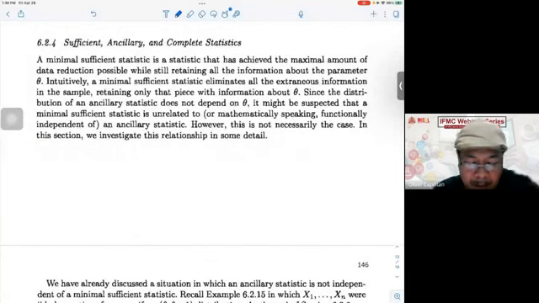So let me continue now on this subsection in which we have sufficient, ancillary and complete statistics. So a minimal sufficient statistic is a statistic that has achieved the maximal amount of data reduction possible while still retaining all the information about the parameter theta.